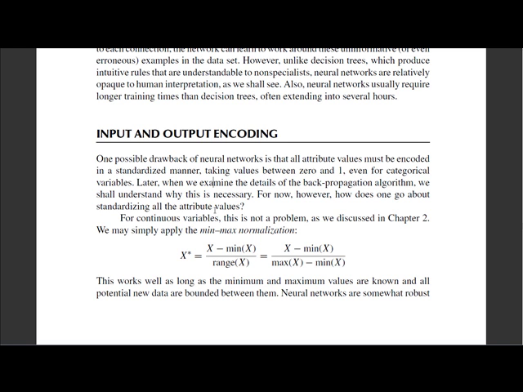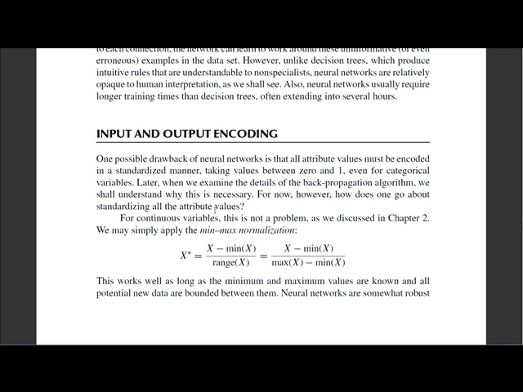One possible drawback of neural networks is that all attribute values must be encoded in a standardized manner, taking values between 0 and 1. Now, for example, in Weka, it does this for you, so you actually don't have to do it. But formally, a neural network needs to have that.